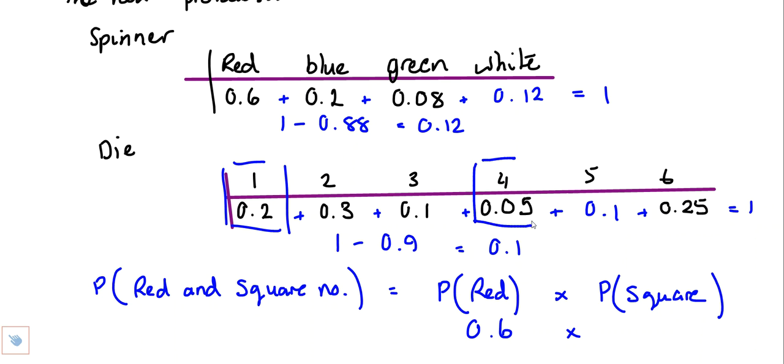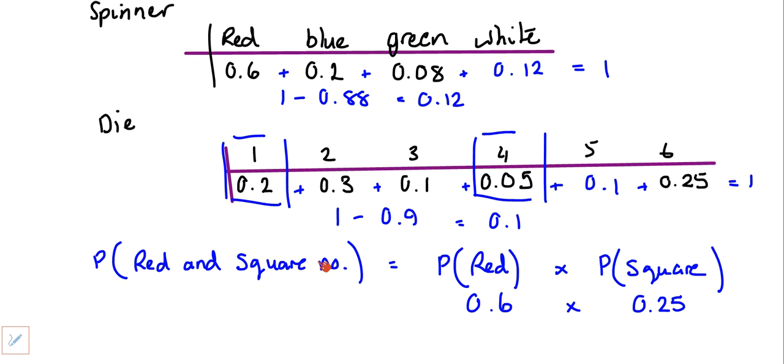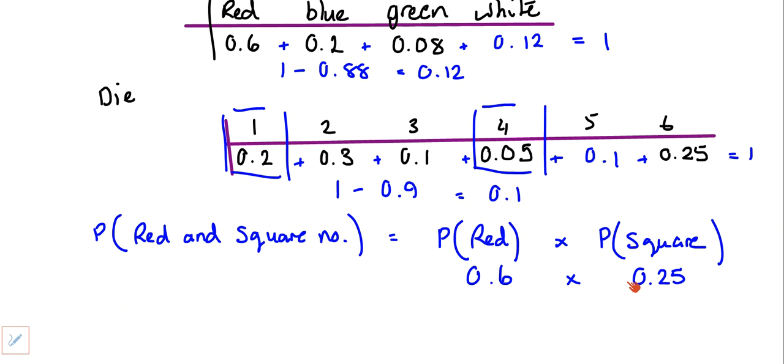So the probability of getting a square number is 0.25, because we add those two together, right? And so we can work out 0.6 times 0.25, and we get the answer, 0.15. Okay. Right.